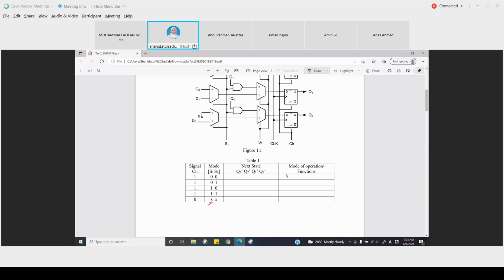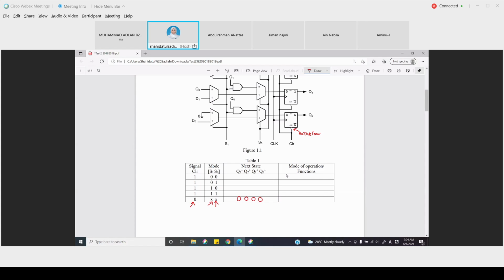Regardless of the modes, if the input clear is 0, because this is active low, all states will be cleared to 0.